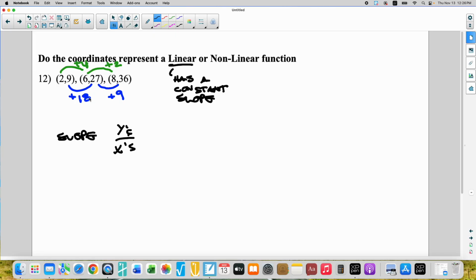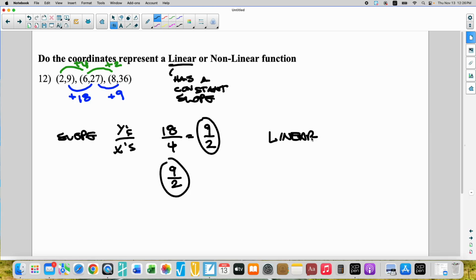The difference of y's was 18 over 4, which simplifies to 9 over 2. And let's take these y's over the x's. So that's 9 over 2. And so the slope between these 2 points is 9/2, and the slope between these 2 points is 9/2. So it is linear, and you have to tell me why it's linear.